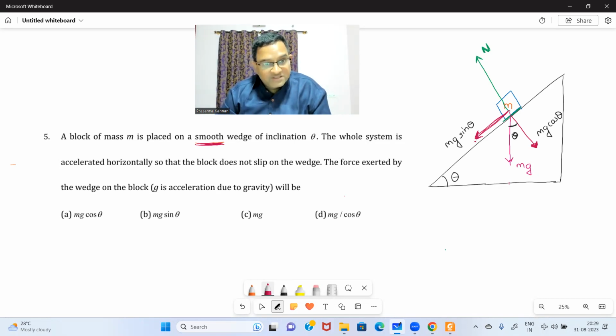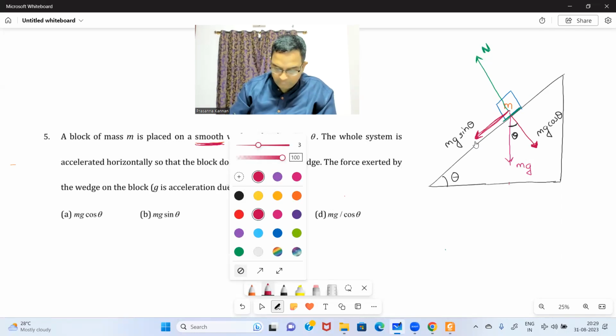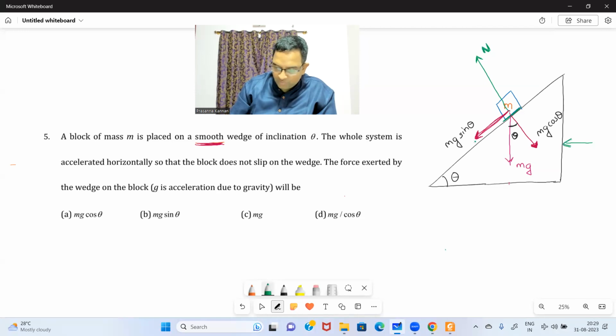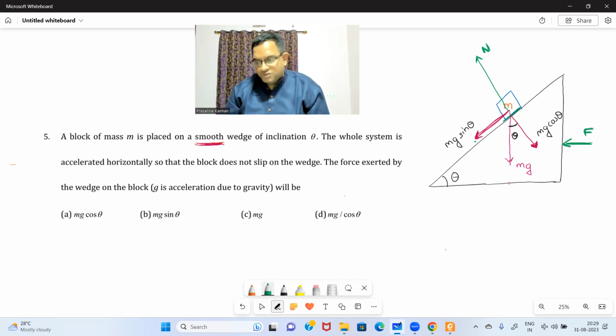But now what I am doing is, I am exerting a force on the wedge. I am pushing the wedge, okay? So now, what will happen? Tell me.